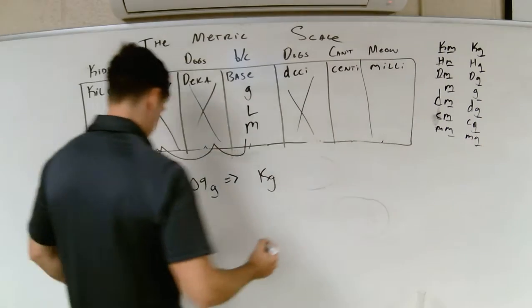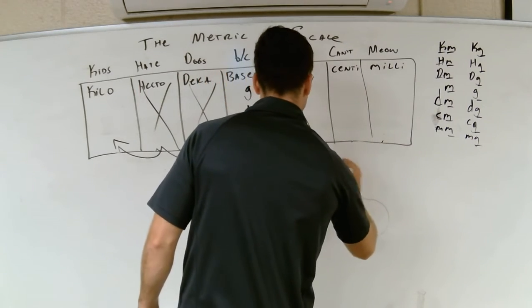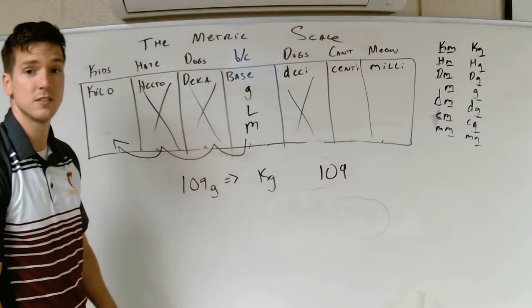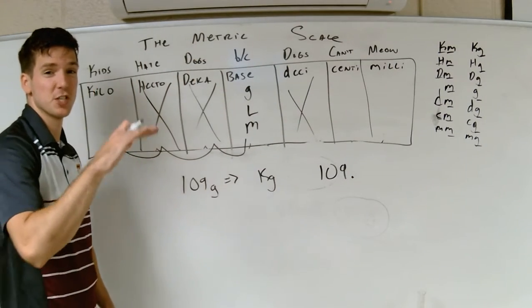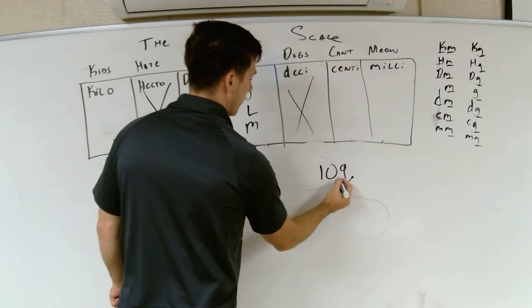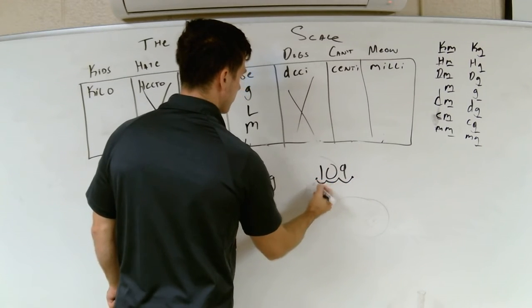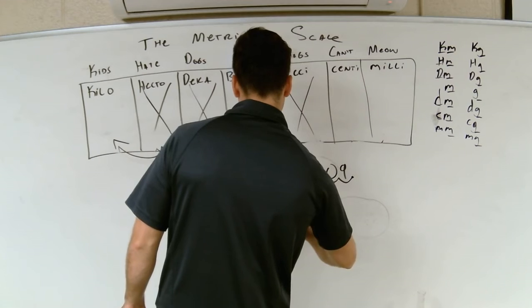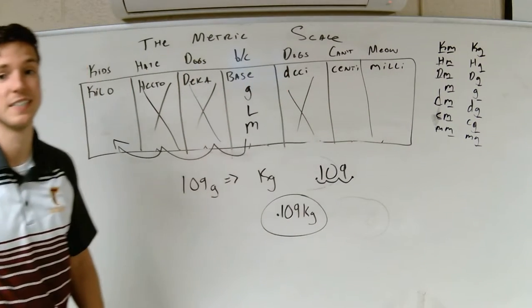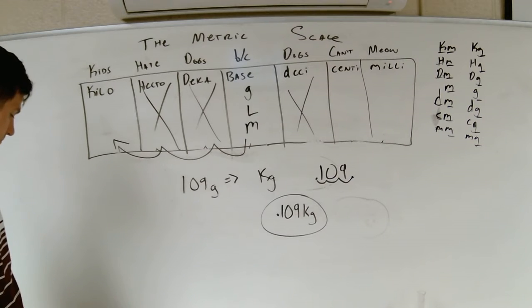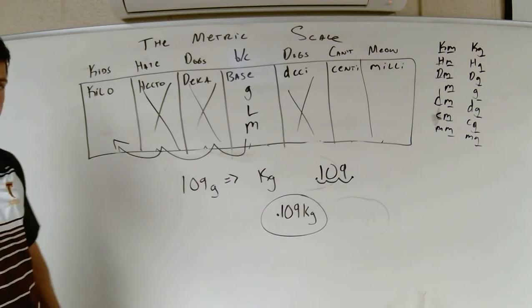I take 109, the decimal's right here, and now I move it 3 jumps to the left. 1, 2, 3. So now it's 0.109 kilograms.